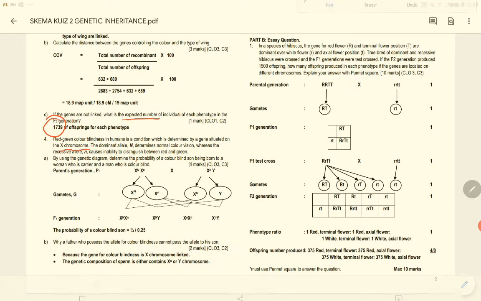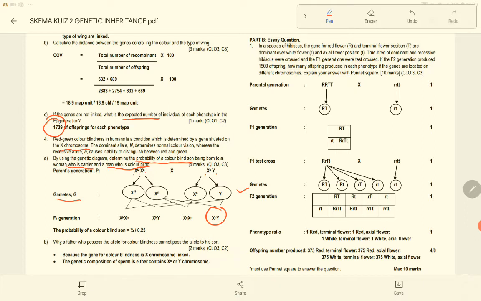Determine the probability of a colorblind son being born to a woman who is a carrier and a man who is colorblind. So, woman carrier, X big N, X small n. Man who is colorblind, X small n, Y. So you draw the parents, gametes, and F1 generation. The probability of the colorblind son is 1 out of 4.